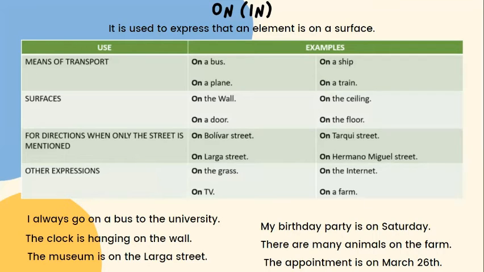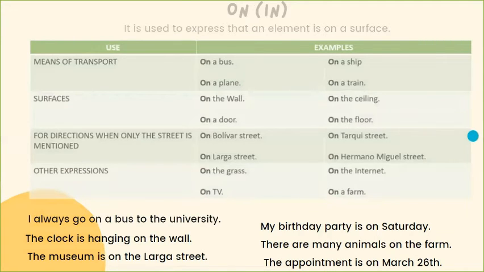Some examples: I always go on a bus to university. The clock is hanging on the wall. The museum is on the largest street. My birthday party is on Saturday. There are many animals on the farm. The appointment is on March 26.